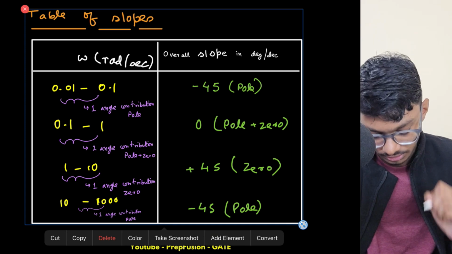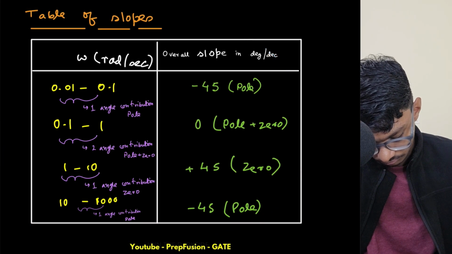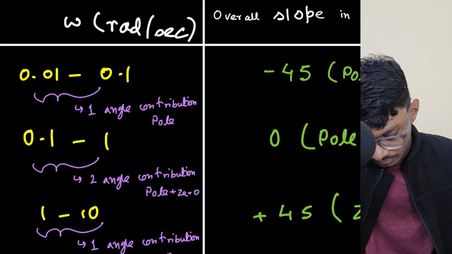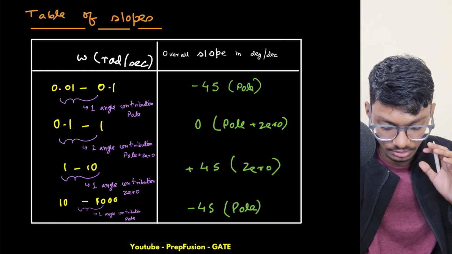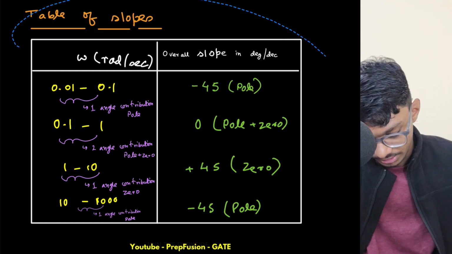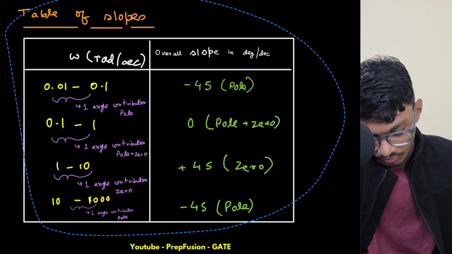Okay, so this is the table of slopes. Now let me mark the corner frequencies. First let me write the zeros and poles. Let me reduce the size. What are the important points?